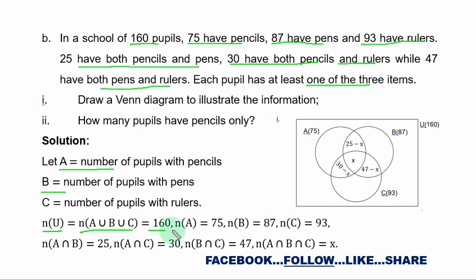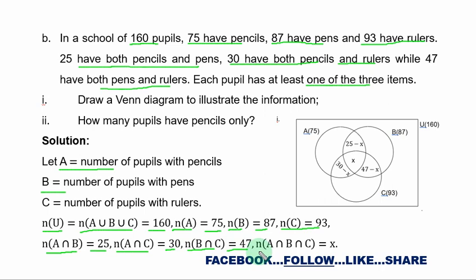Number of pupils with pencils is 75, with pens 87, with rulers 93. Both pencils and pens, 25. Both pencils and rulers, 30. Both pens and rulers, 47.